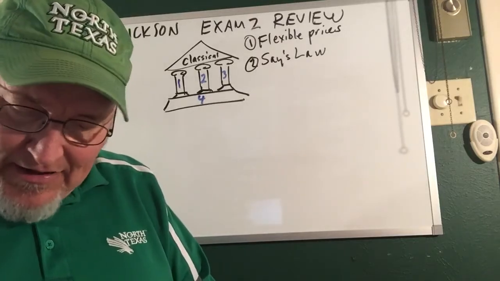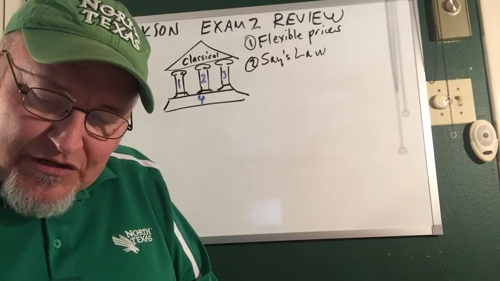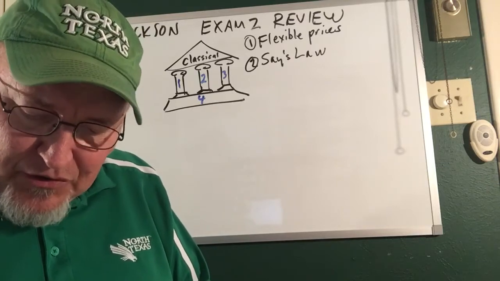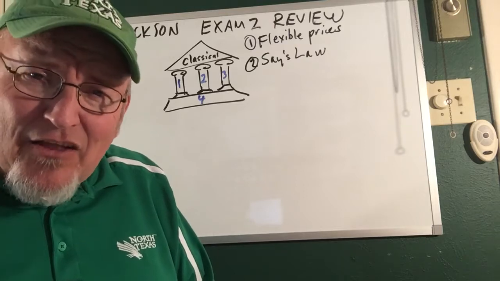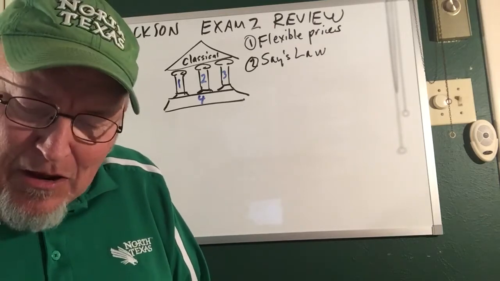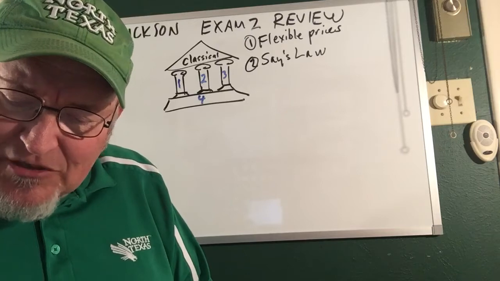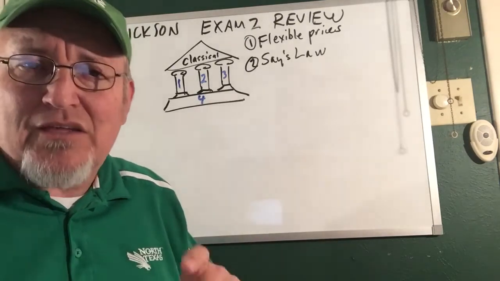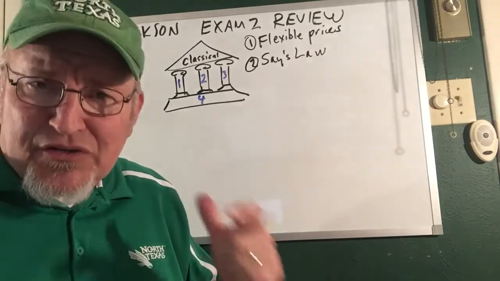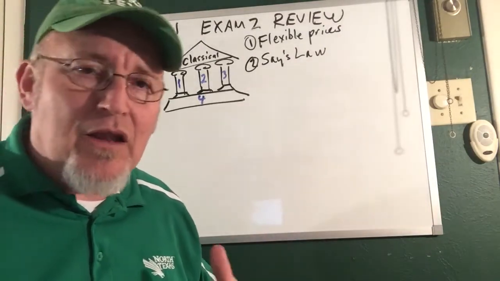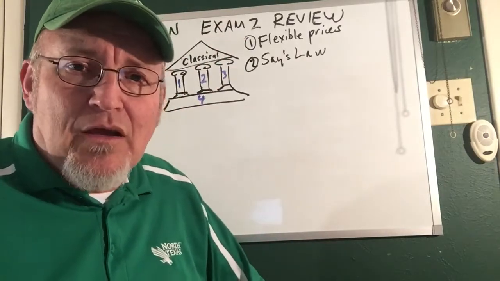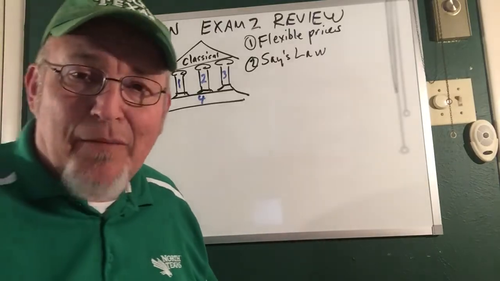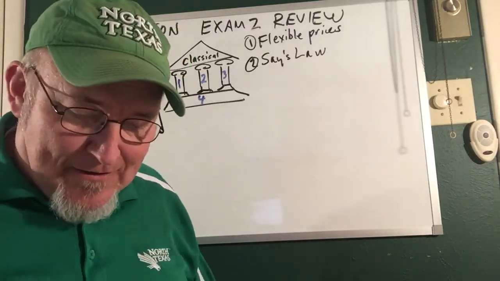What Say said is that producing goods generates enough income to workers for all goods to be purchased, right? And the other component is that he did say prosperity should be increased by stimulating production, not consumption. So what Say's law means is that it's production that drives the economy, not consumption. But of course, you'll memorize supply creates its own demand, and that's what every economics student ends up doing anyway.